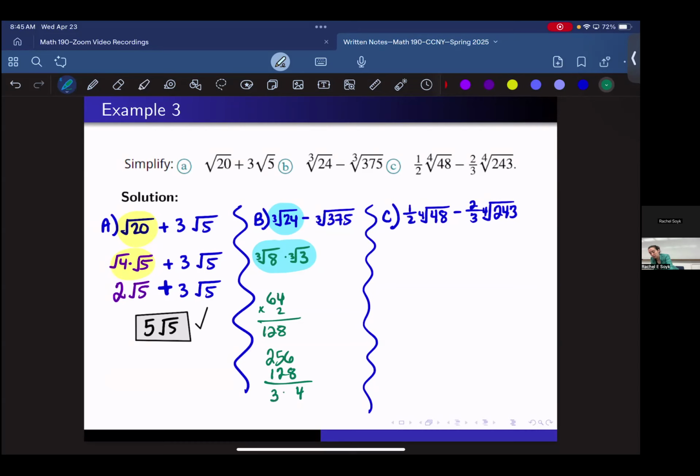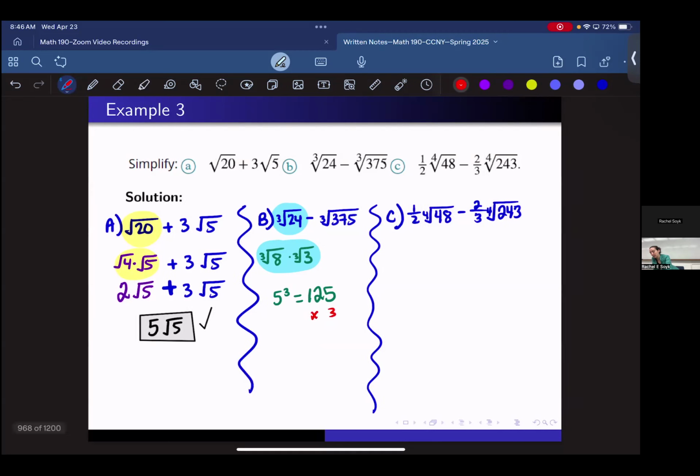You're just below it, at 374. So you know that 64 doesn't go in. Finally, what do we arrive at? 5 to the third. 5 times 5 is 25, times 5 is 125. Ooh, does 125 go into 375? Yeah, goes in how many times?